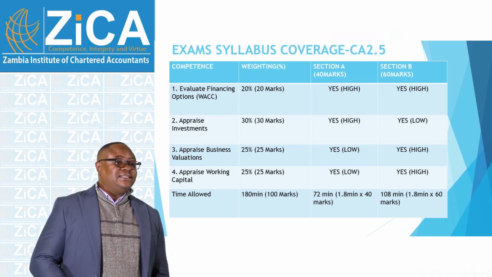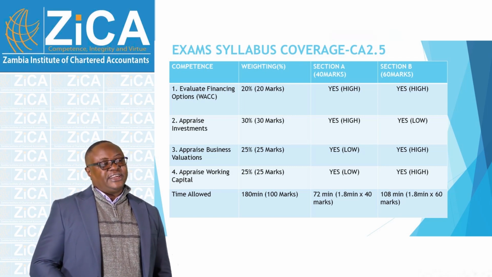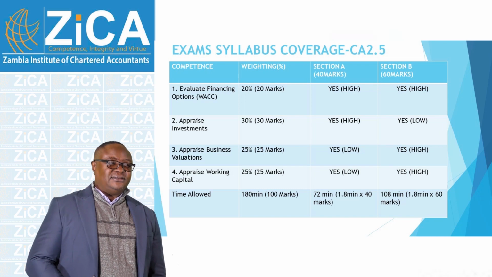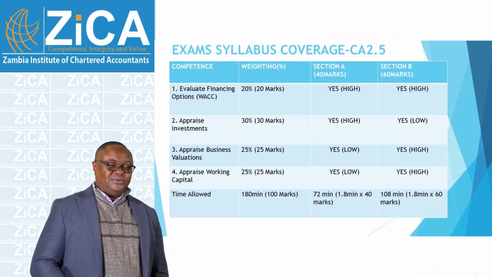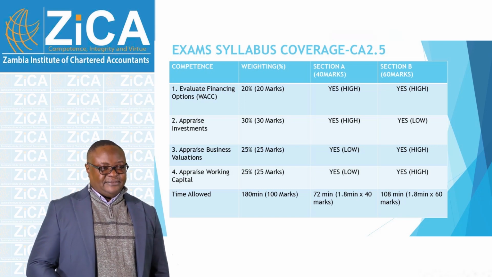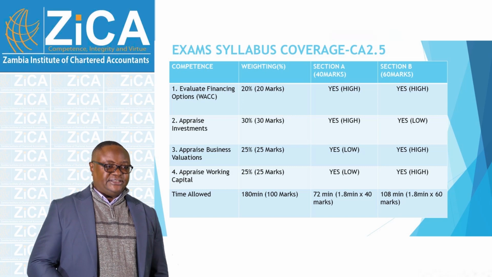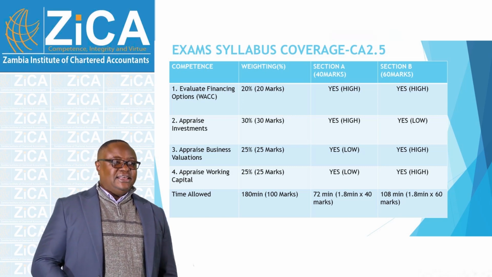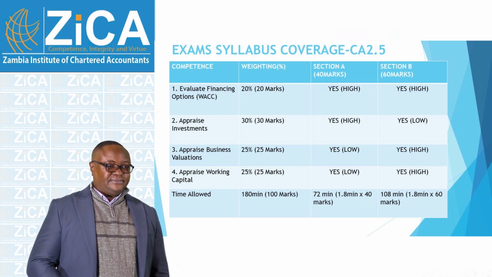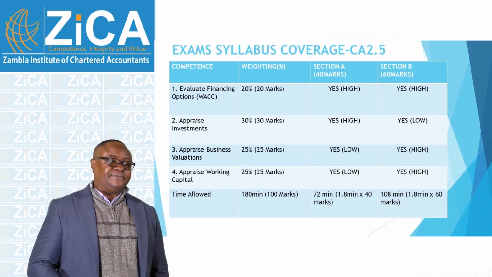Now, if you get the examination papers, you are going to see this kind of distribution, because the paper is divided into section A and section B. Section A is compulsory and B has got optional questions. Section A is 40 marks and B is 60 marks, divided into 20 mark questions.